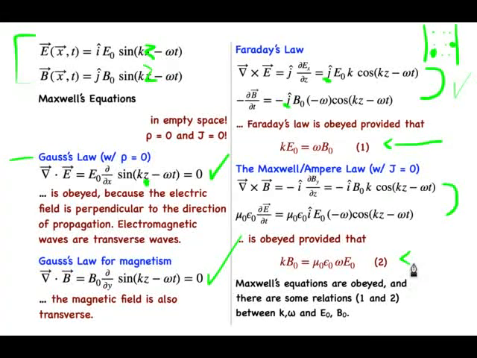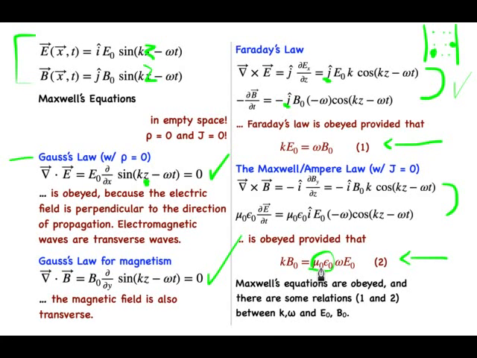That's another relationship similar to what I had before, relating the sizes of the amplitudes of the electric and magnetic oscillations, relating the wave parameters k and omega, and involving this universal constant.